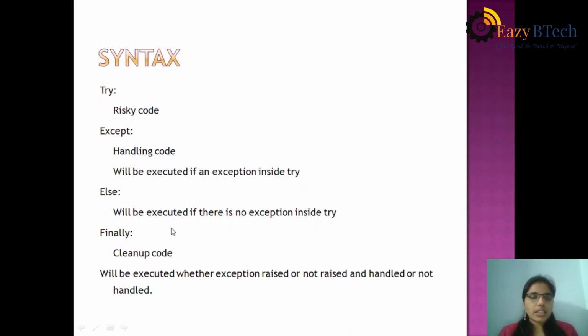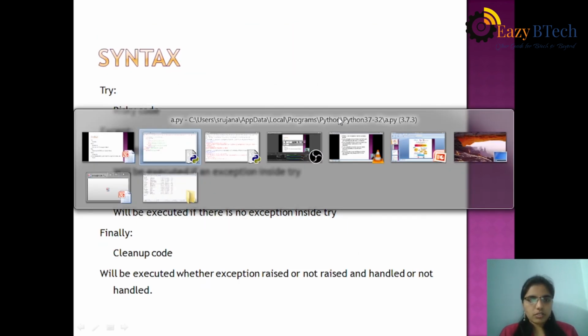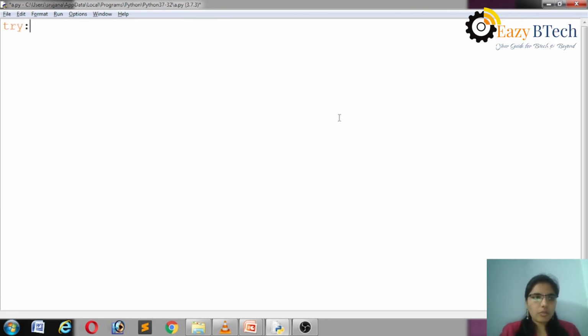Let's see an example program for the else block with try except finally. I'm writing a try block: print try block. Next, except: print except block.